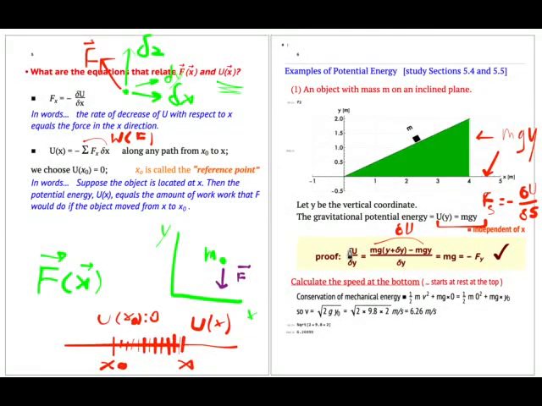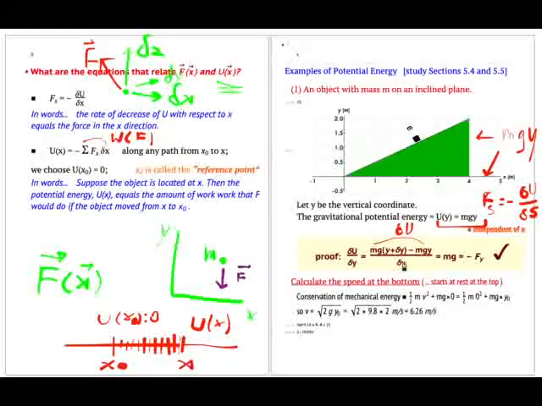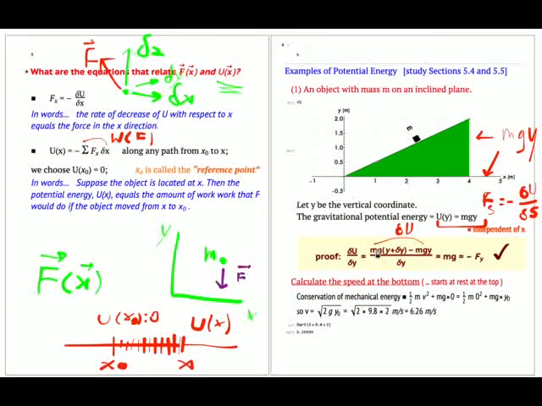And now delta U over delta y is that divided by delta y. Well, here the mgy cancels the minus mgy. I have mg delta y divided by delta y. That's just mg, because the delta y cancels in the numerator and the denominator. So delta U over delta y is mg. That's supposed to be the negative of the force in the y direction by this equation. And you see, that is the gravitational force.